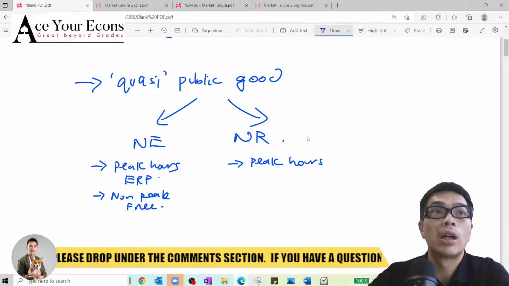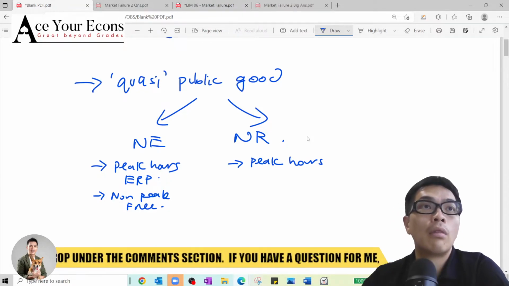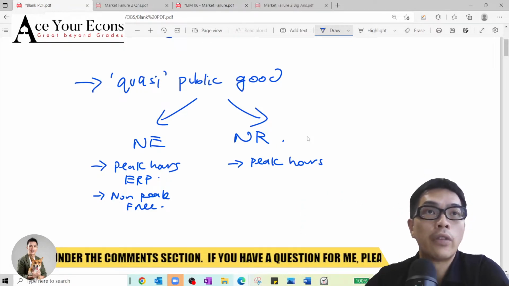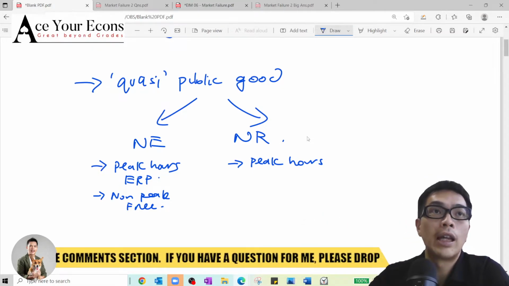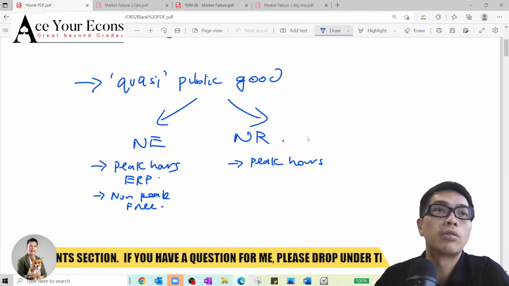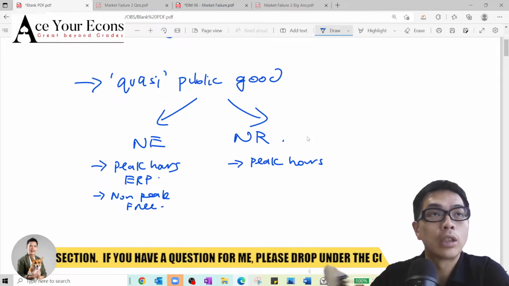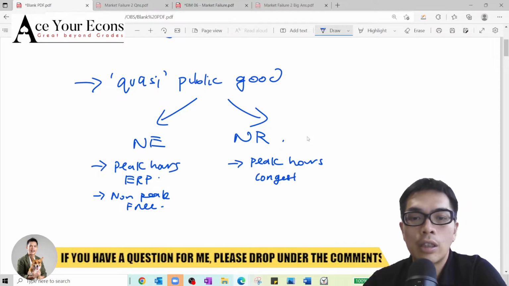Traffic jam will lead to what? Slowing down motorists' transport time and worsening the travel experience. So when I drive on the lane and it's severely congested, it's going to slow down other people's transport timing as well. Congestion will lead to rivalrous nature.